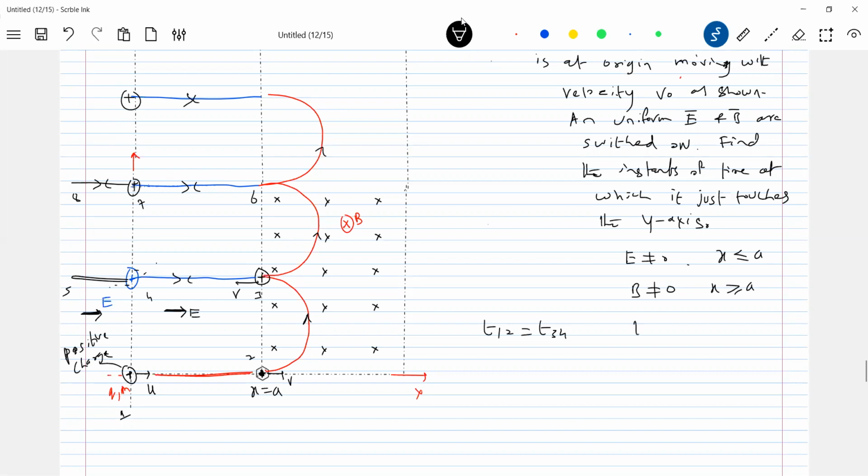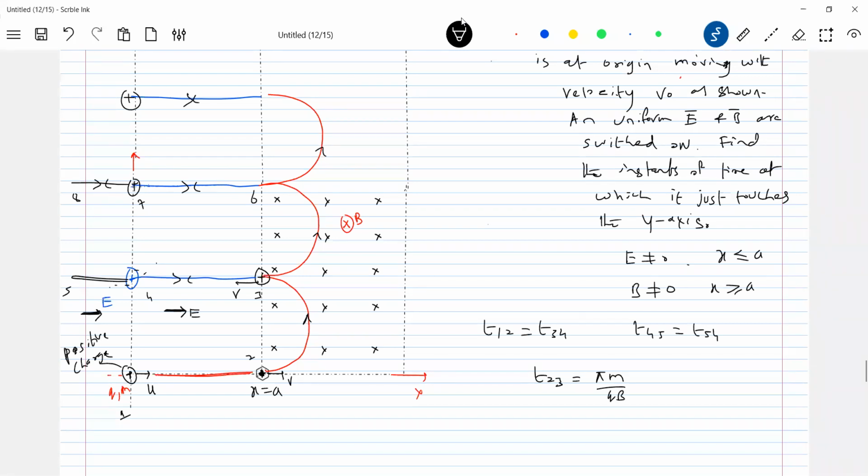The time taken from 4 to 5 and 5 to 4 will be equal. The time taken for 2 to 3 should be half of the time period of revolution. What is t23? t23 should be equal to half of the time period 2 pi m by qB, that is, pi m by qB.